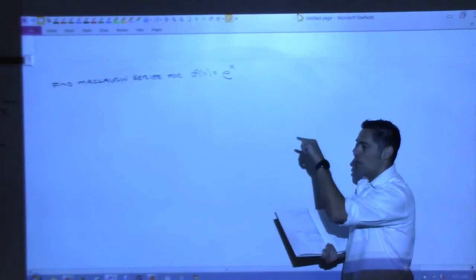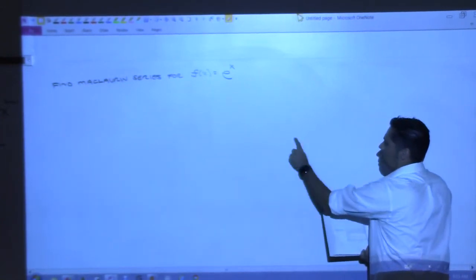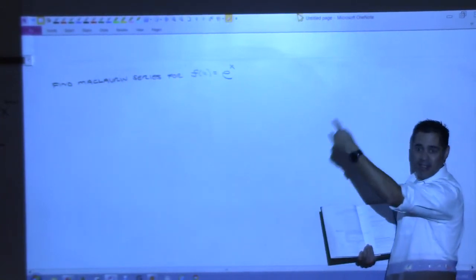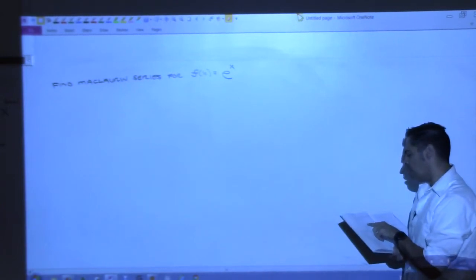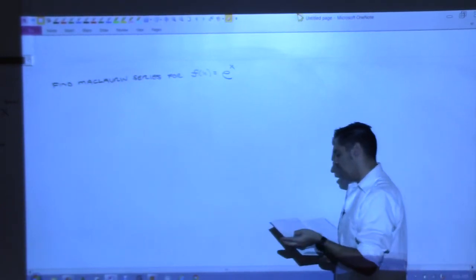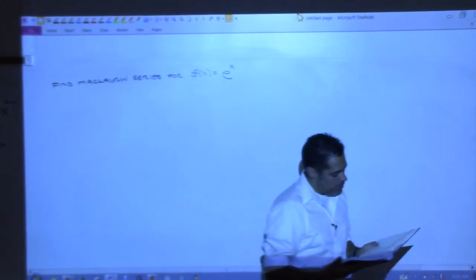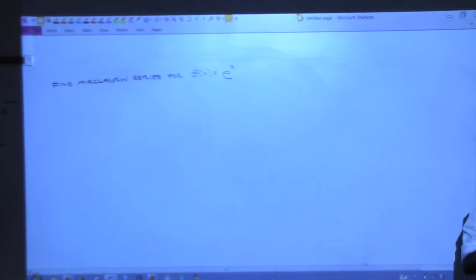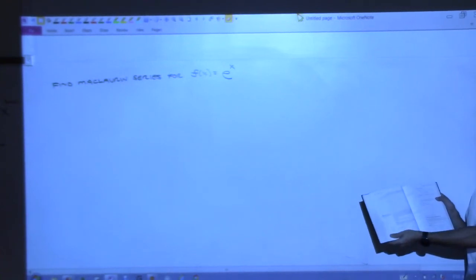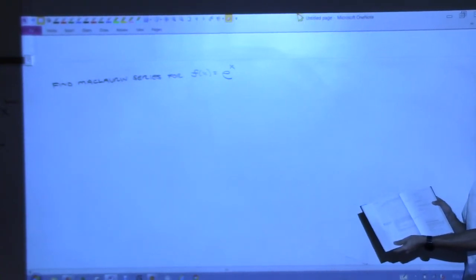First one is 1 over 1 minus x. That's the one we did in 8.6. Followed by e to the x, sine x, cosine x, arctangent x, natural log of 1 plus x, and 1 plus x to the kth power. I'm just telling you it's there. I will provide you that table on the final.